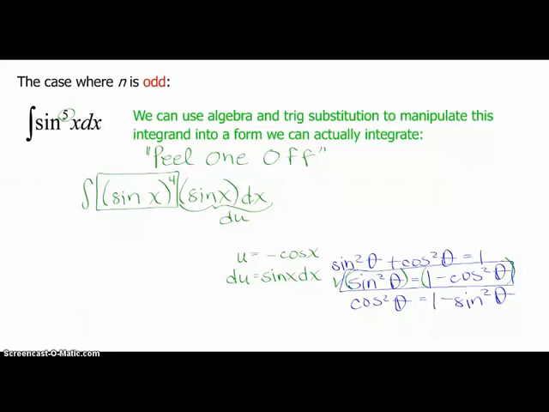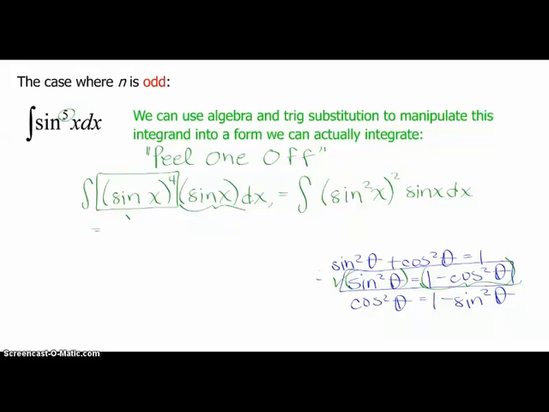So what I'm going to do is completely rewrite sine of x to the fourth as sine of x squared, remember, we put the exponent before the angle measure, squared. And I'm still going to have my one that I peeled off there. And now all I have to do is every time I see sine squared of x, I get to write 1 minus cosine squared of x.